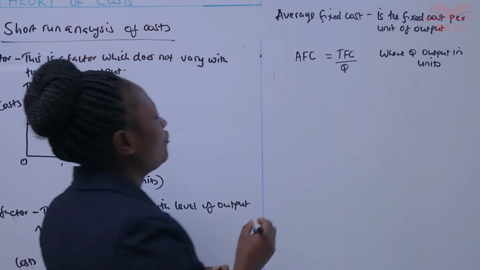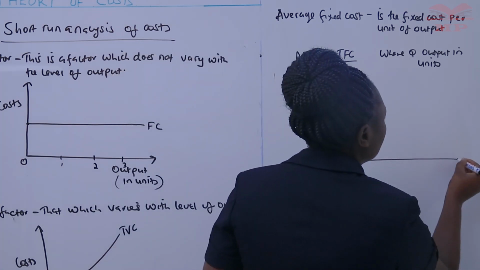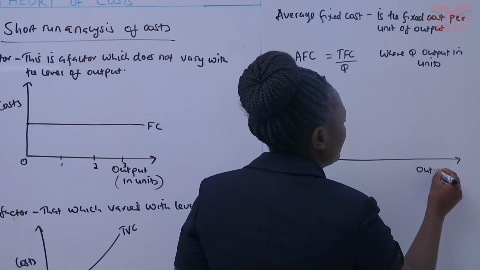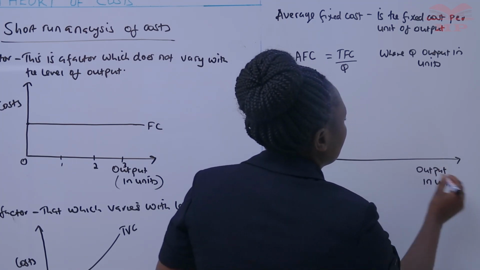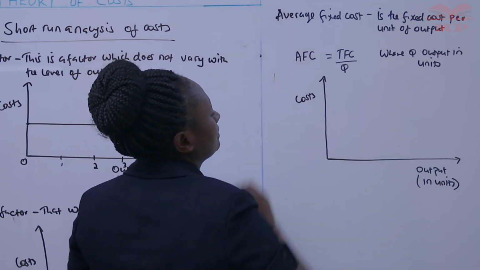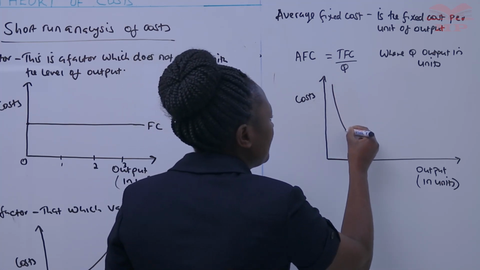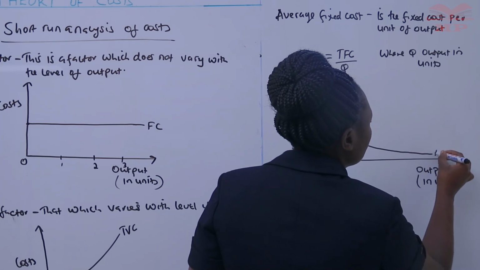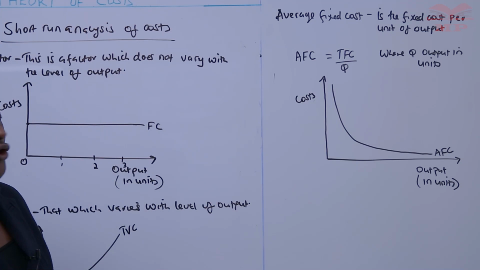And graphically, how do we represent this? This is how it will look. We have output in units, then we have costs, and this is the average fixed cost.